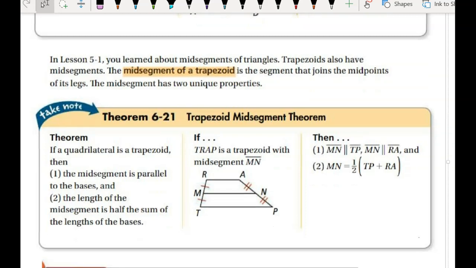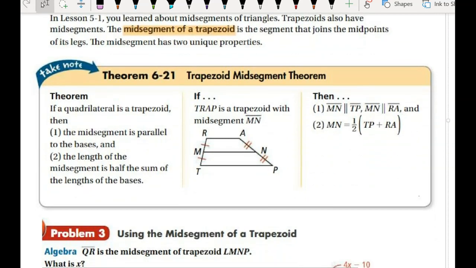That mid-segment has two unique properties. Let's take a look at theorem 621. If a quadrilateral is a trapezoid, then the mid-segment is parallel to the bases, and the length of the mid-segment is half the sum of the lengths of its bases. So that means that segment MN is equal to half of RA plus TP.